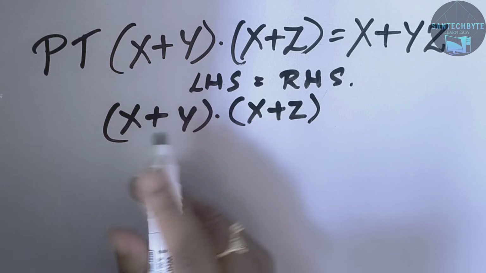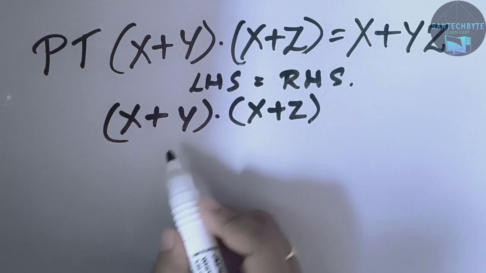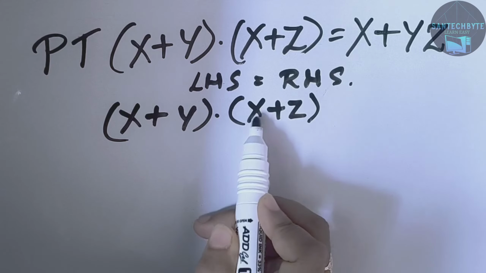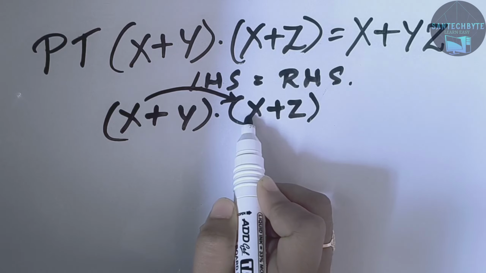Multiply the terms to the next terms in the bracket. First you are going to take X term and multiply. Take X, multiply with the next first term.